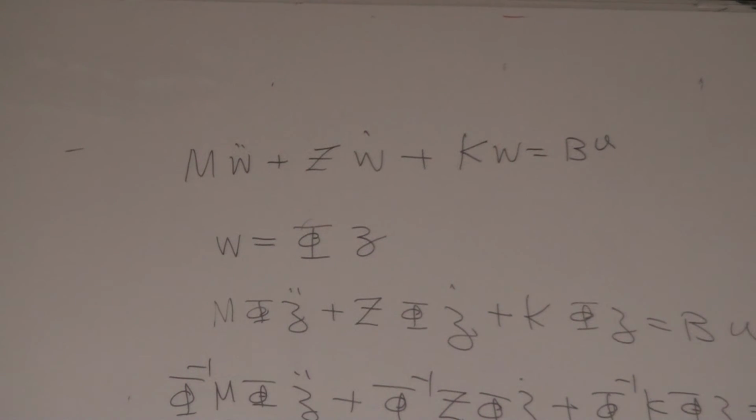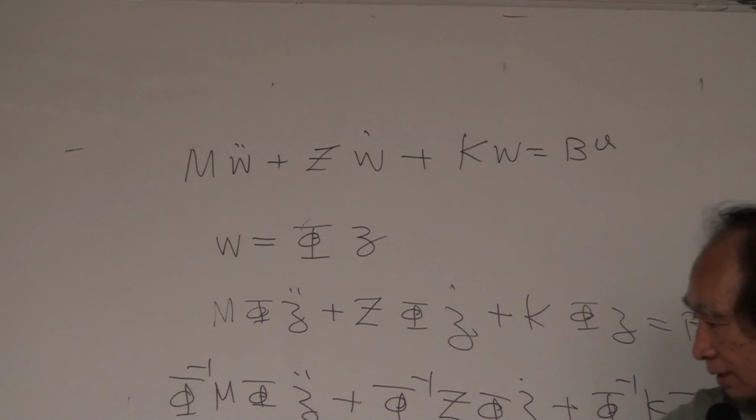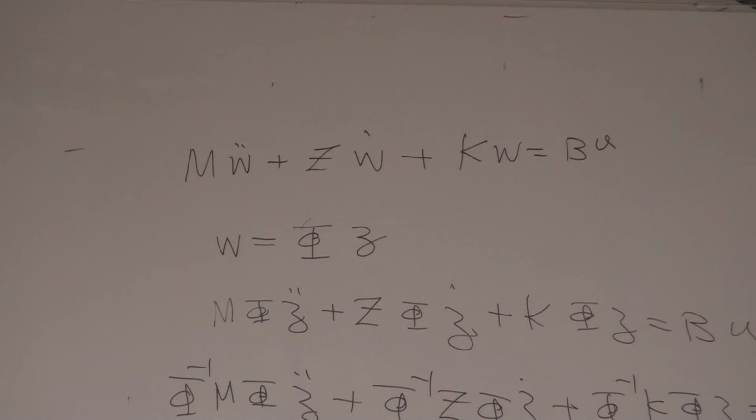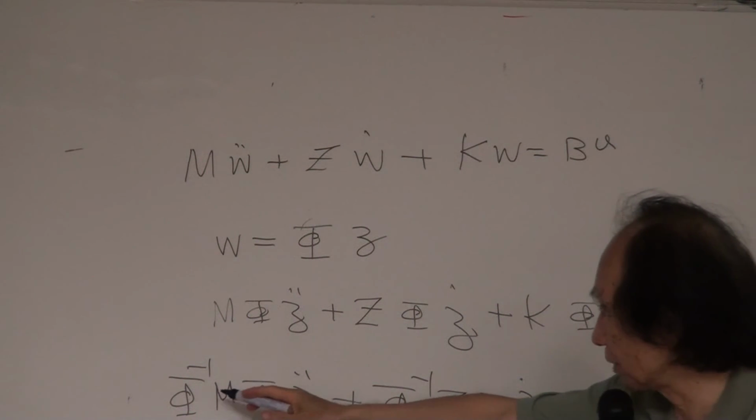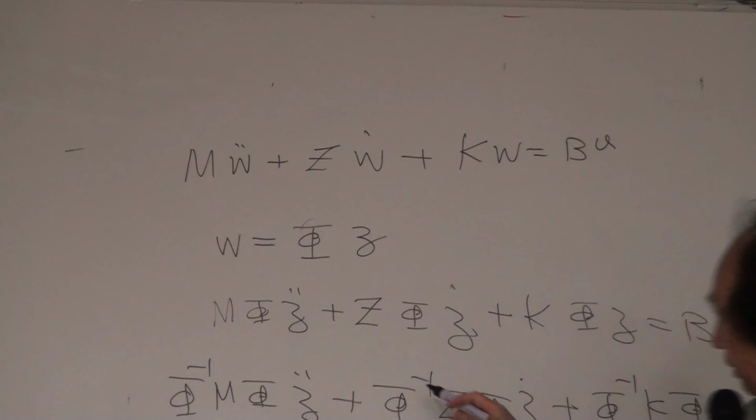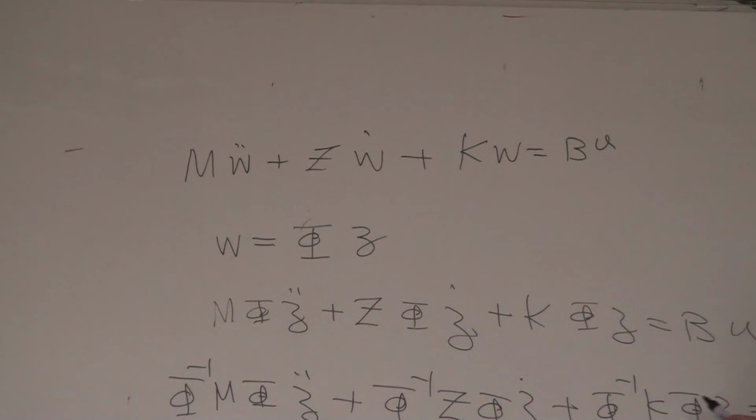Only some phi can do that, not necessarily all phi. Because we have this property, we can write phi transpose M phi, phi transpose zeta phi, and phi transpose K phi.